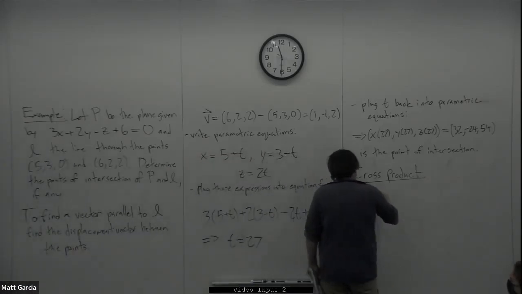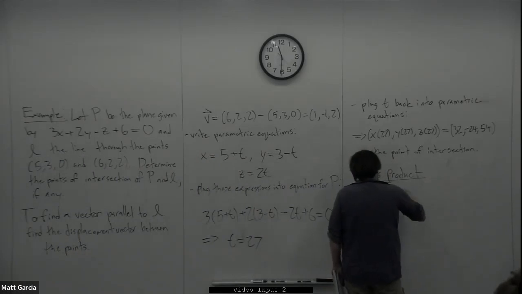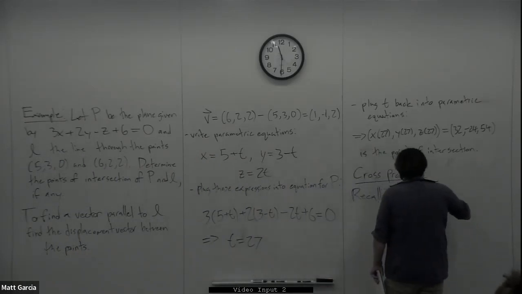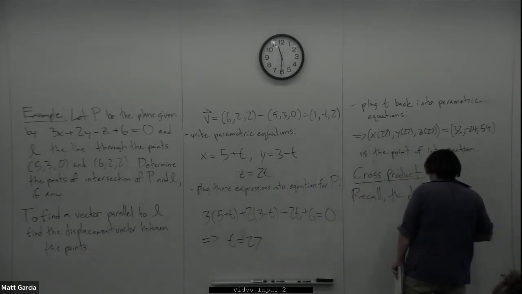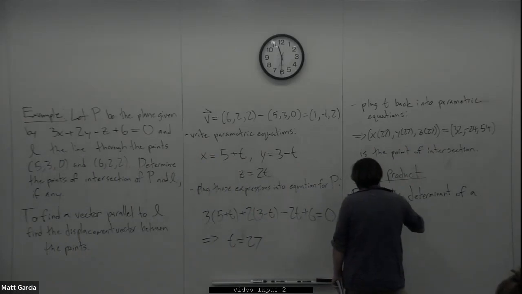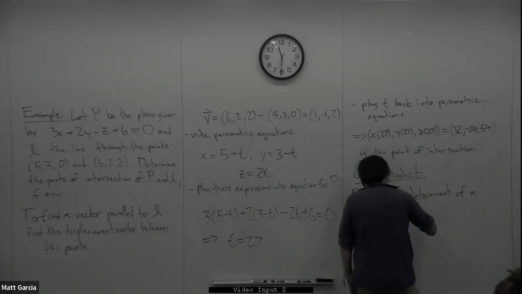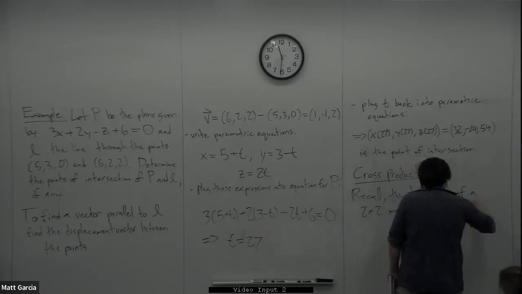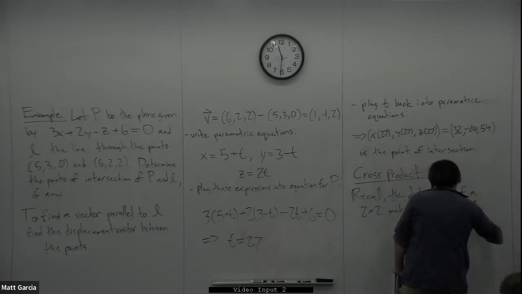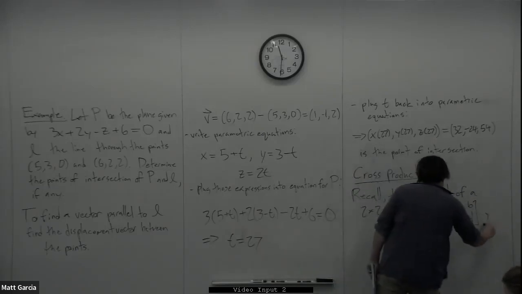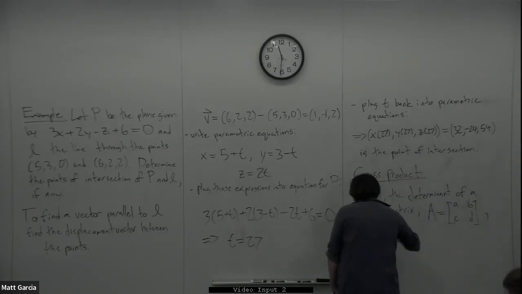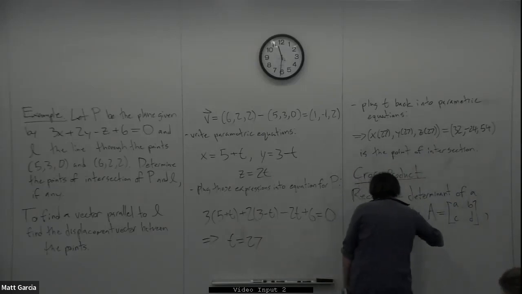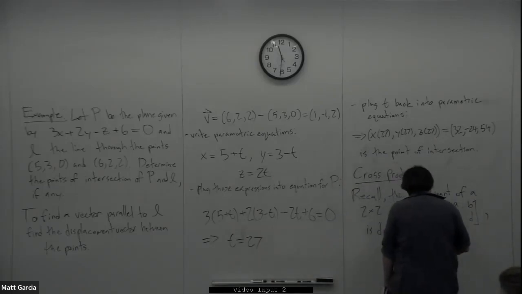The determinant of a 2 by 2 matrix, say, little a, A, B, C, D, is defined by the following formula.